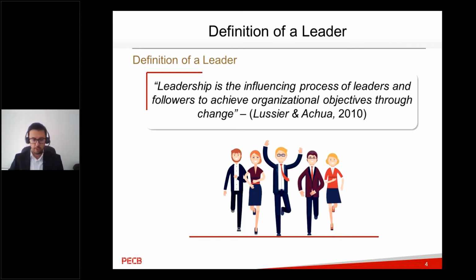Okay, so we also have to note that there is no universal definition of leadership, because in itself leadership is a very complex topic to be discussed, and usually it is studied in different views. So we have mentioned leaders that belong to a political landscape or a spiritual landscape or even a corporate landscape.